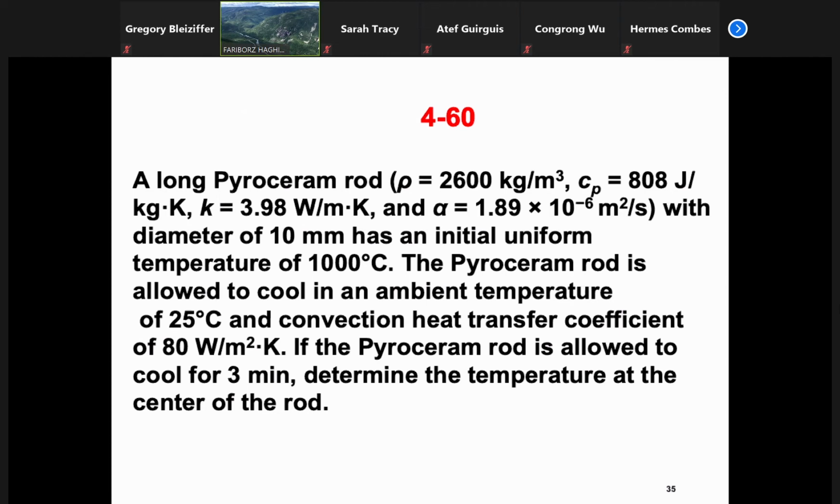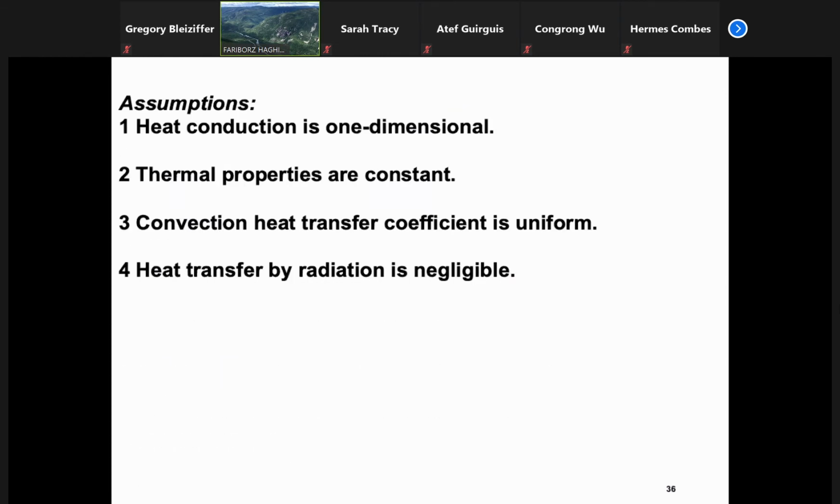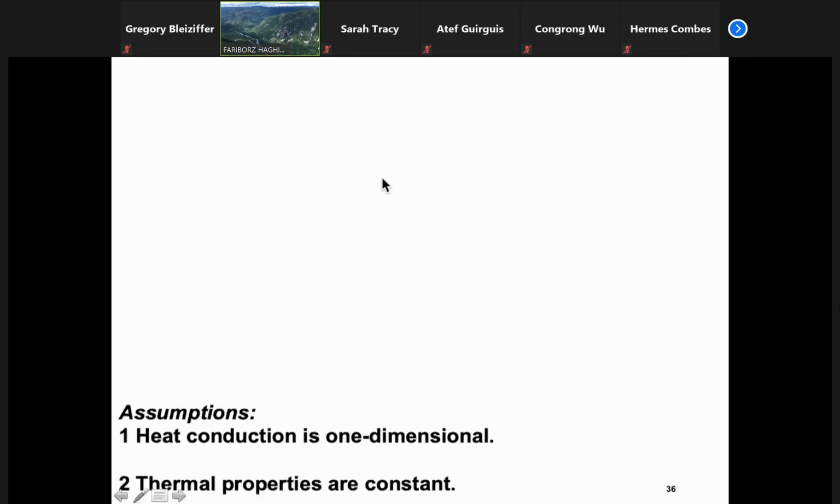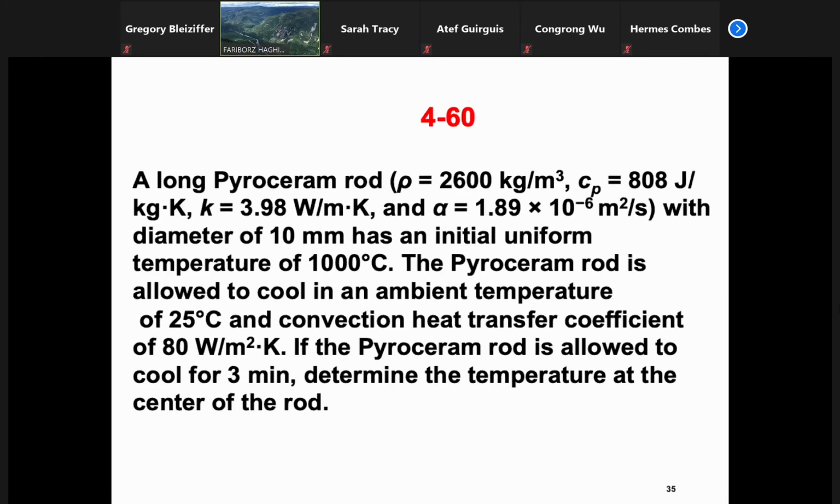Let's say, to save time, we always make an assumption. We mention it is long, which represents one-dimensional heat transfer. That's why we use it. We assume all these physical properties will not change with the temperature change from 1000 to 25 degrees. We assume the physical properties remain constant.